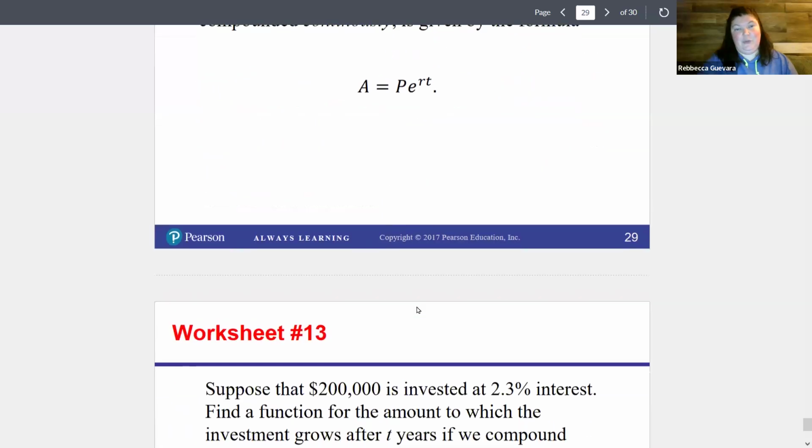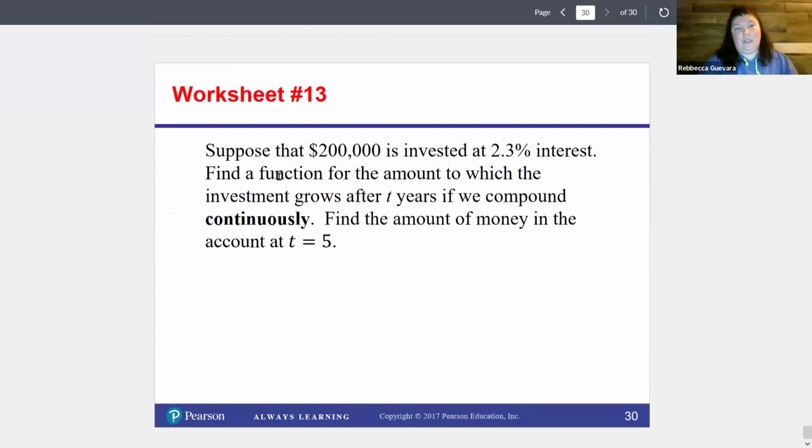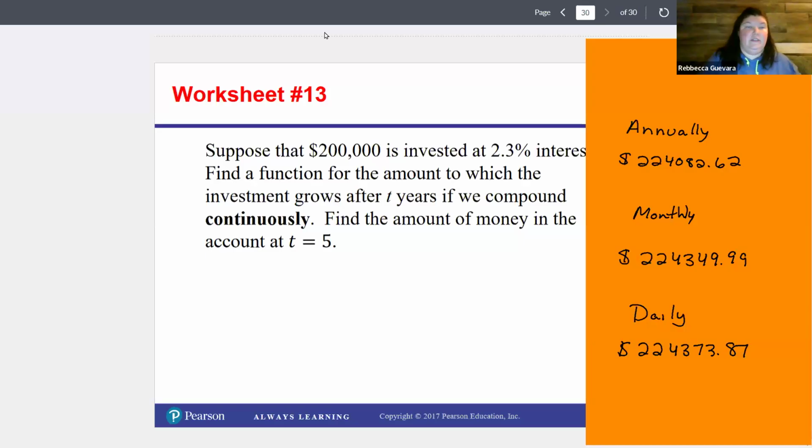Using this formula, we're going to go back to that question where we had $200,000 invested at 2.3% interest. Now we're going to compound continuously and find how much money is in the account after 5 years. Off to the side, I have what we did with this problem before when we compounded annually, monthly, and daily.